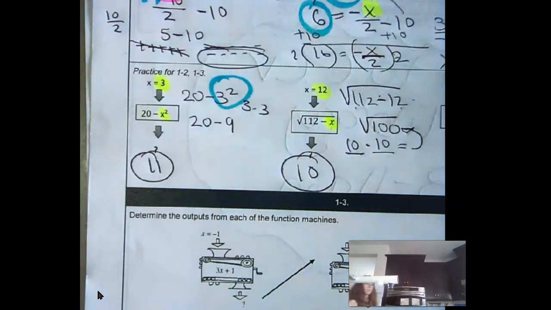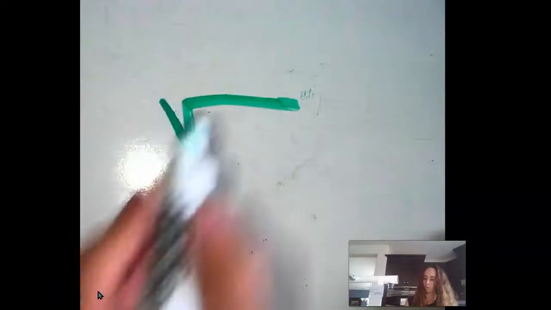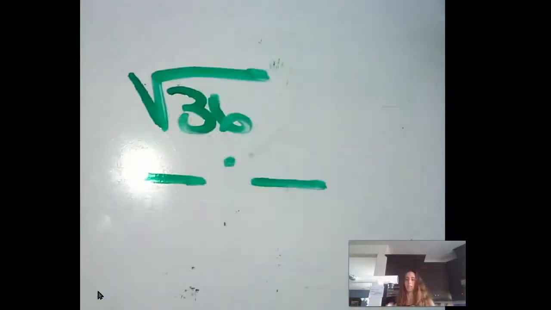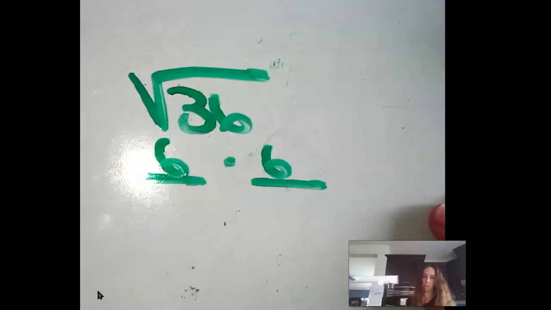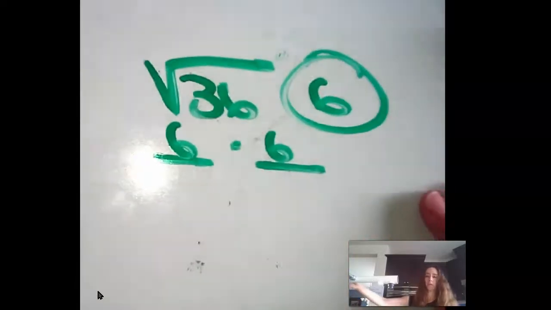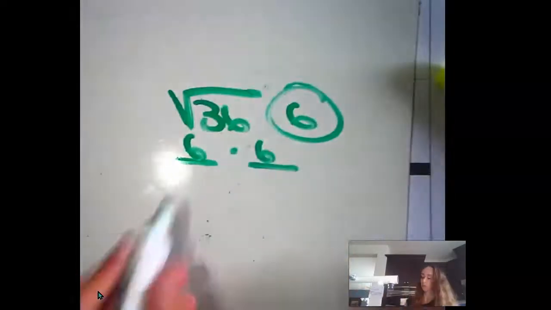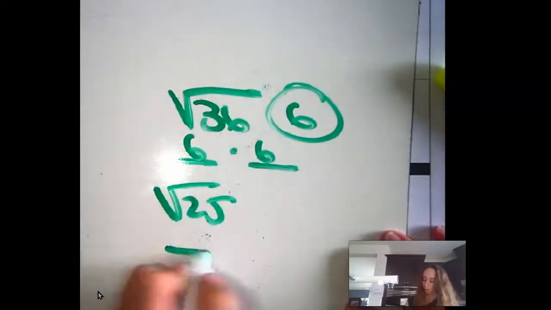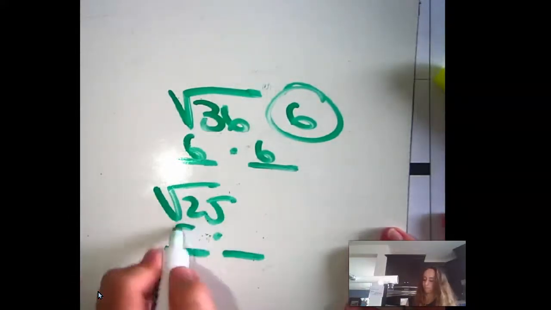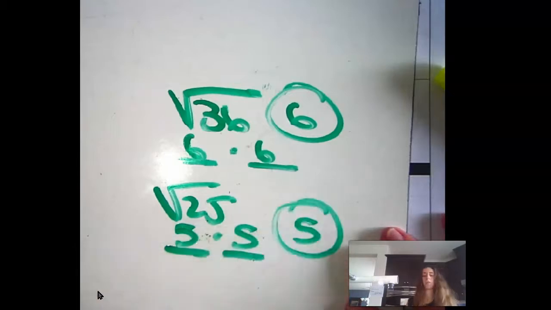What if this time, instead of the square root of 100, I have the square root of 36? What times what gives me 36? So 6 is my answer. If I have the square root of 25, what times what gives you 25? 5.